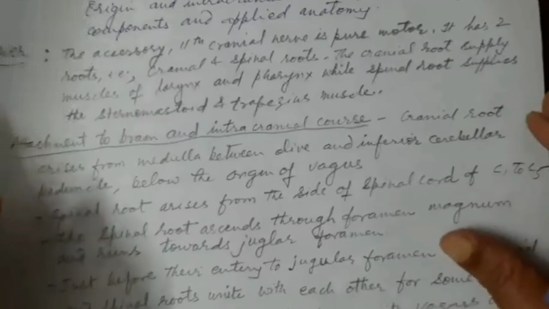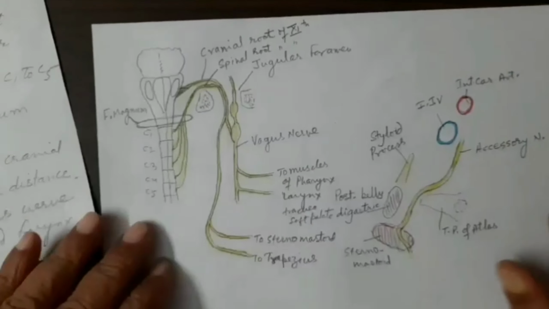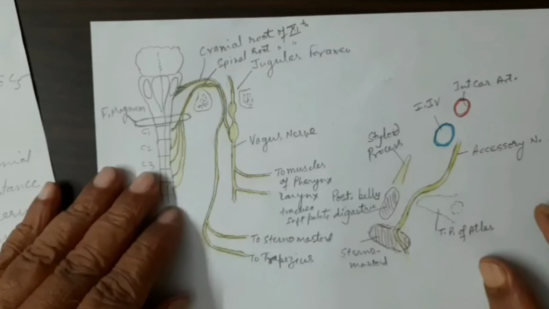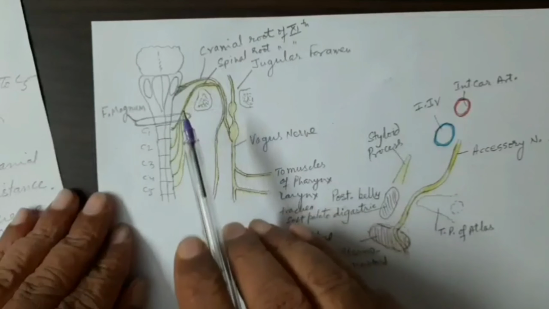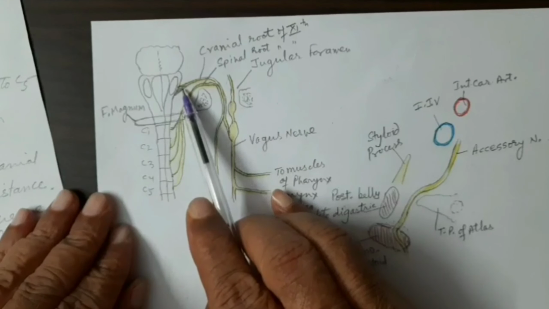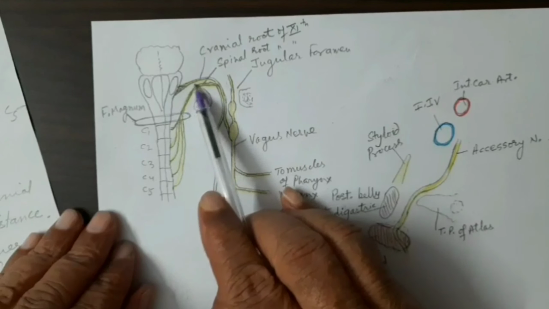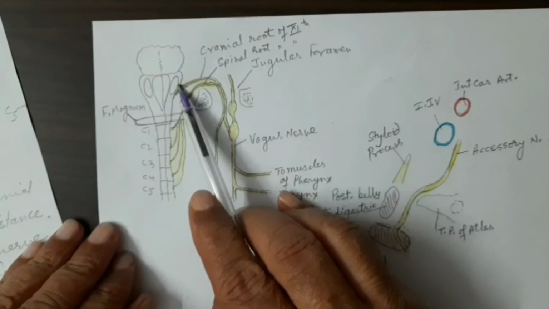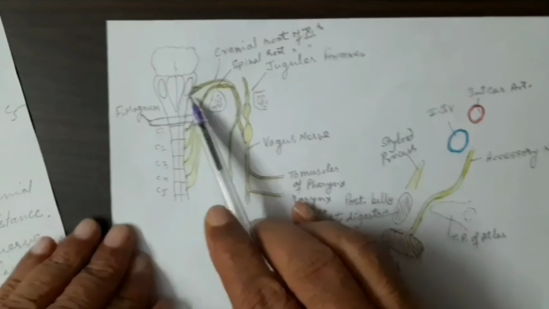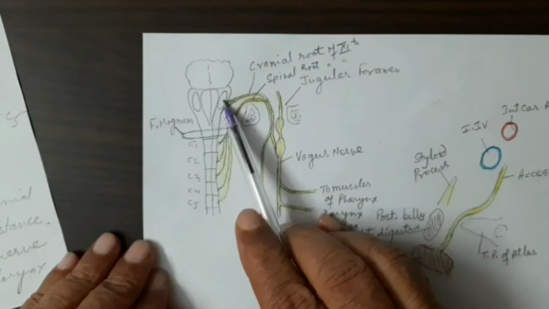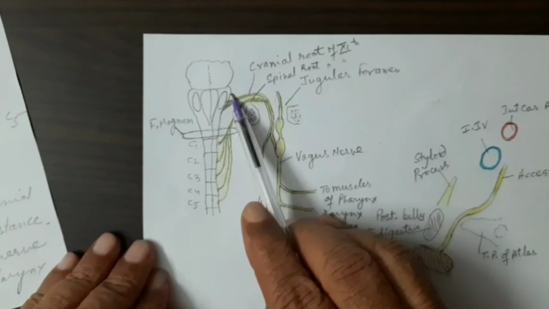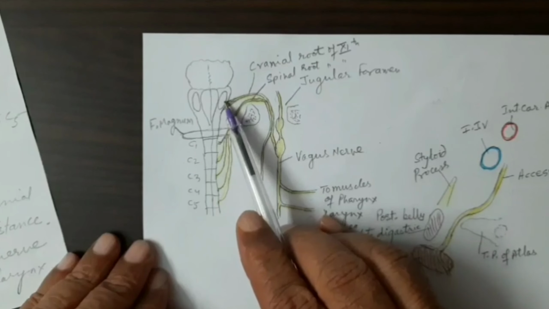Now let us see this origin in this diagram. This is the cranial root of the accessory nerve, which is taking origin from the posterolateral sulcus, which lies between the olive and the inferior cerebellar peduncle.